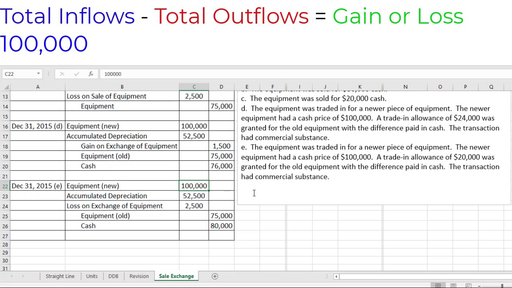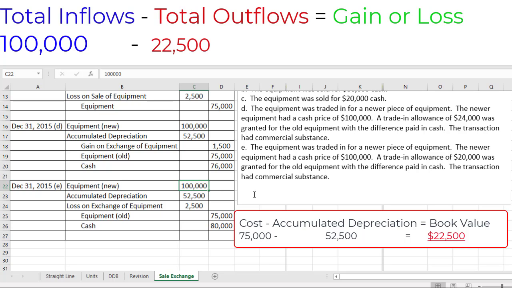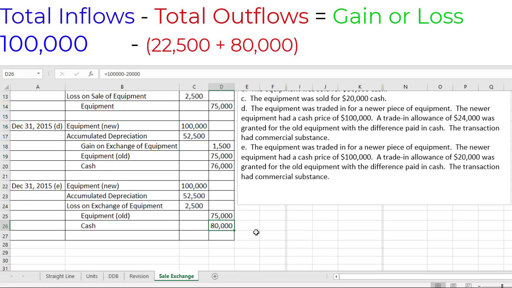The company was giving up old equipment, which had a book value of $22,500. And the way you can calculate that is you can take the historical cost of $75,000 and subtract the accumulated depreciation of $52,500. The company was also giving up $80,000 in cash.